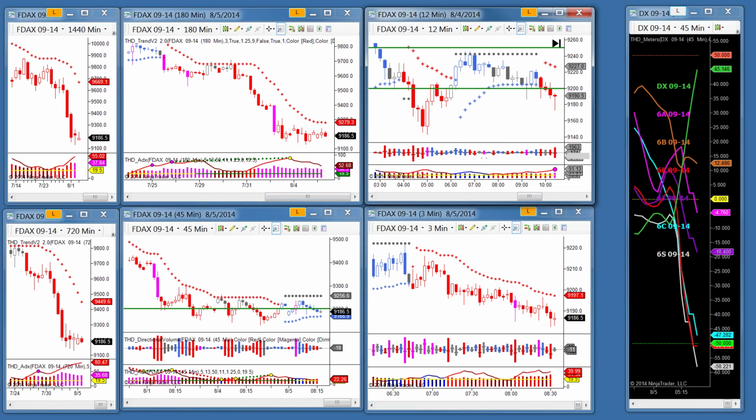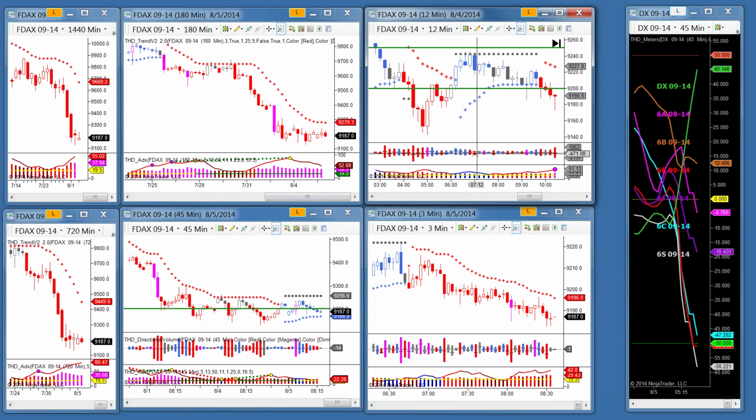The volume was not diverging. In fact, you had just as much volume as what you had over here. So that told me more likely than not it's going to go back down.